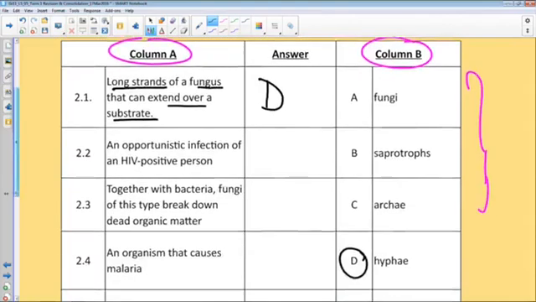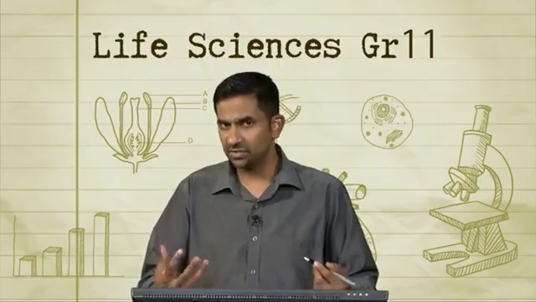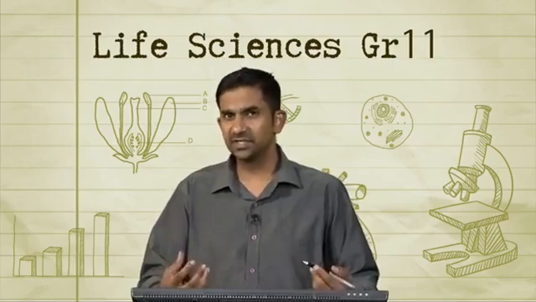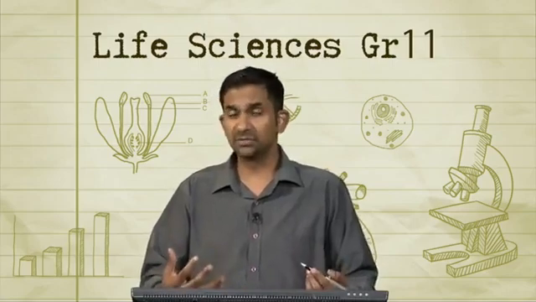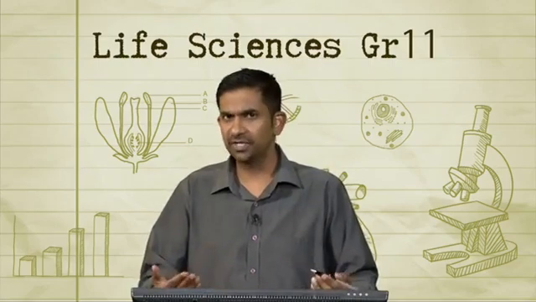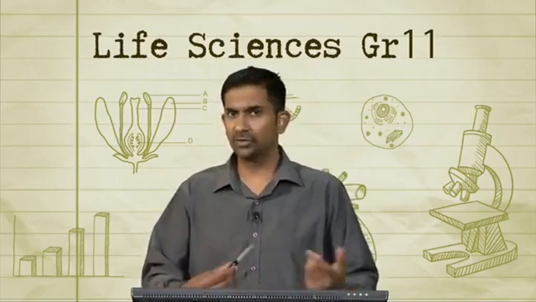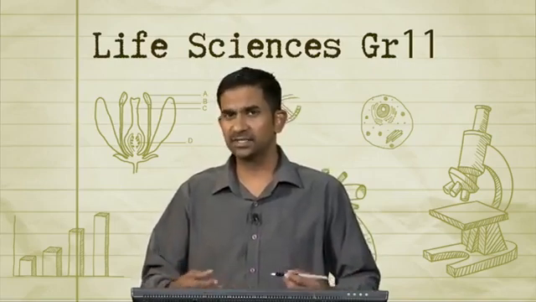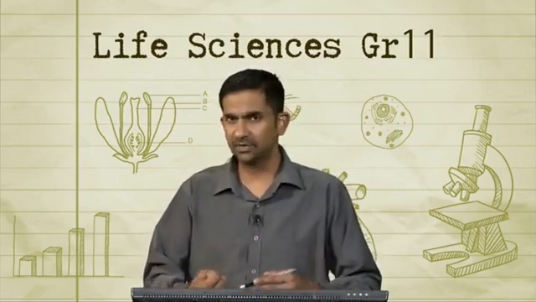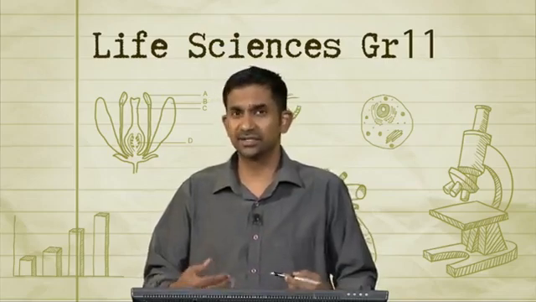Cool. An opportunistic infection of an HIV positive person. So guys, we know that when a person has AIDS, it's a result of the body's immune system becoming compromised. The immune system is weak to such an extent that the body now becomes susceptible to most of our common infections that the body normally can fight. However, having full-blown AIDS, the body's immune system is compromised, and hence a simple infection like common flu, pneumonia, TB are often fatal to a person that has got full-blown AIDS.